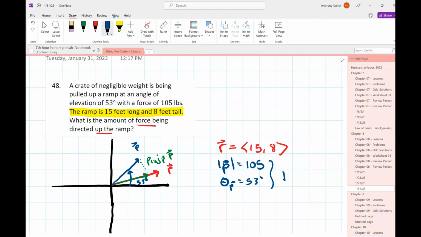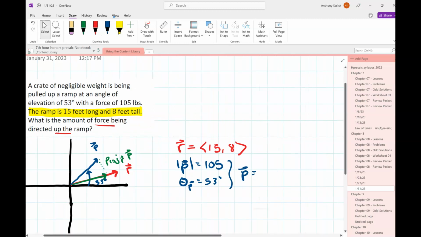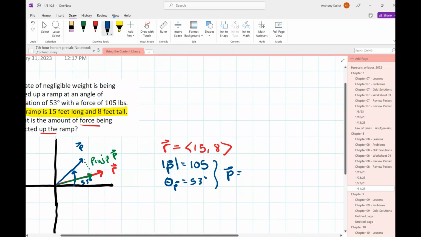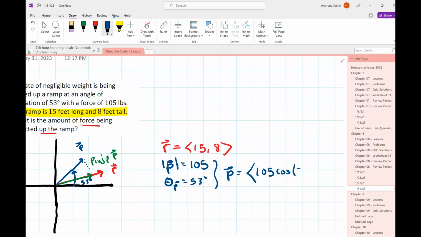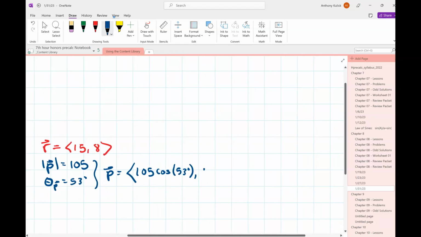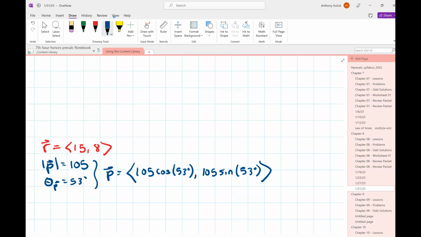So taking those two, I can resolve, that was the vocabulary word I was searching for, I can take that information and resolve it into a component form vector by just taking magnitude times cosine of direction, comma, magnitude times sine of direction.